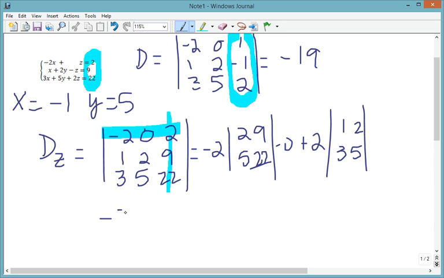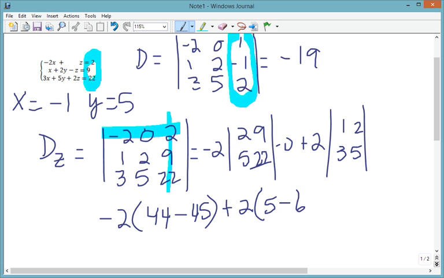So we've got negative 2 times, 2 times 22 is 44 minus 45, plus 2 times 5 minus 6. All right, so 44 minus 45 is negative 1. So that makes this a positive 2 plus negative 2, which is 0.